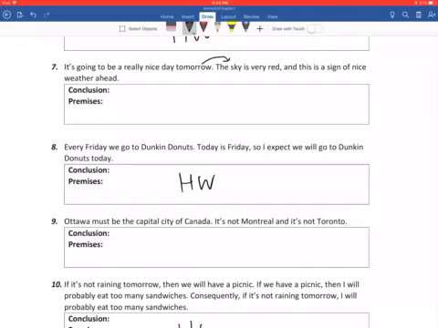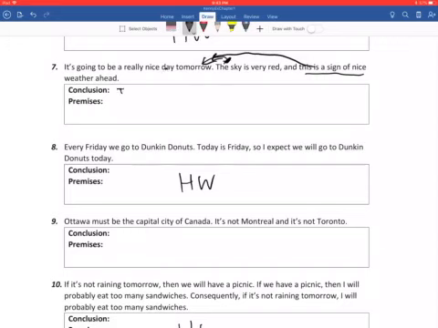Same if somebody told you it's going to be a really nice day tomorrow, that doesn't give you a reason to believe this, right? So again, it doesn't look like the first sentence is giving support to the other stuff. In fact, it goes the other way, right? It looks like these two things, the sky is red and this is a sign of nice weather ahead, give us reason to believe the first sentence.